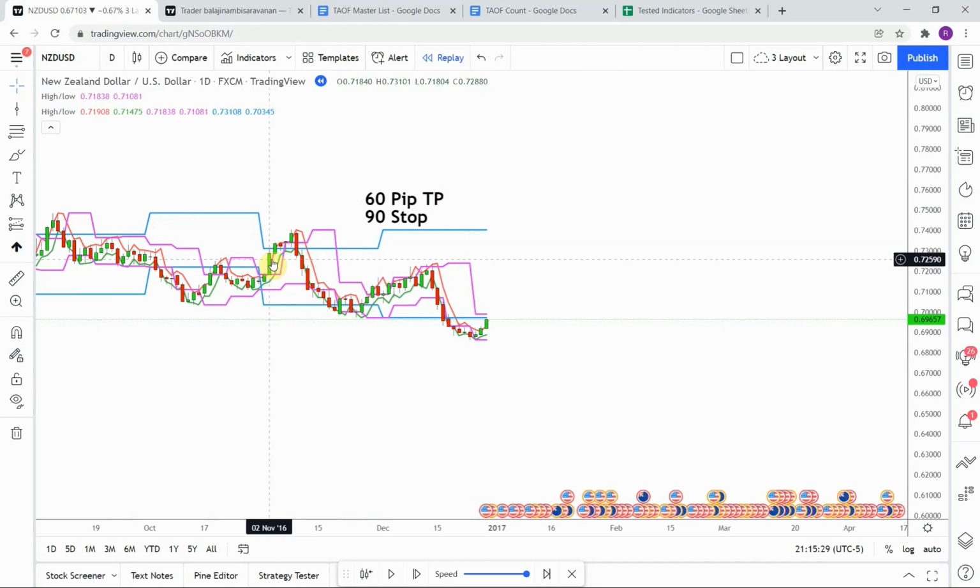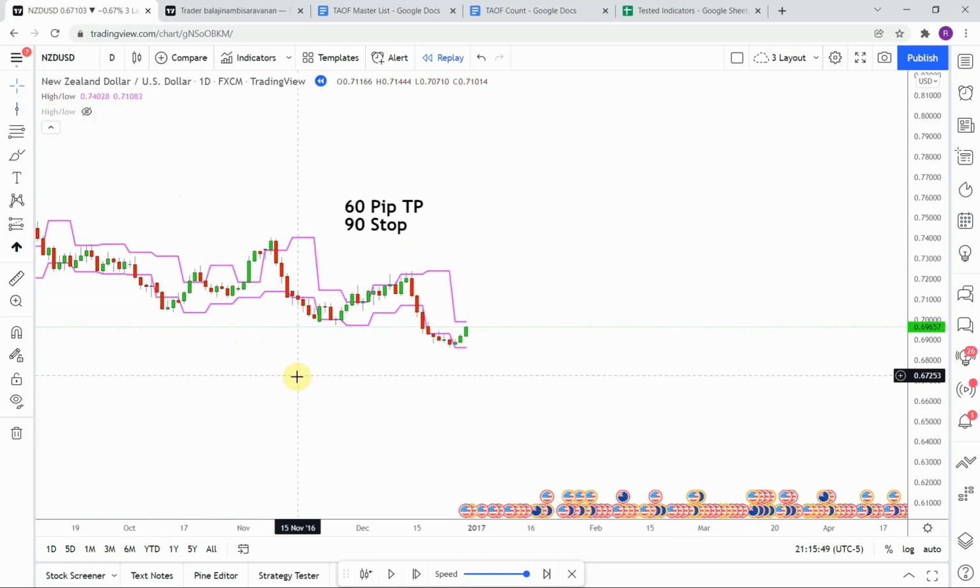And then there's, it's hard to see, a green and red line, and basically those are two moving averages that are set to run above and below price action, creating almost like a little channel effect. It's quite interesting when it does that.